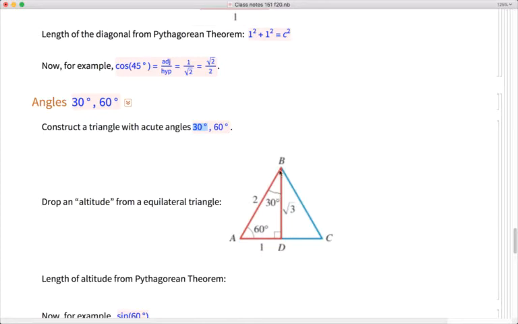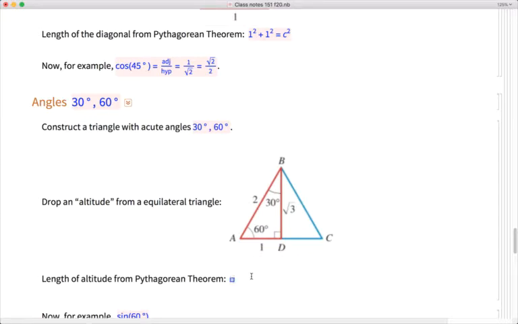So this is good news. This little red triangle now has both an acute angle of 30 and an acute angle of 60. The side length of the equilateral triangle was 2, so when we dropped the altitude straight down, this became a 1, and again this third side is just going to be the Pythagorean theorem.